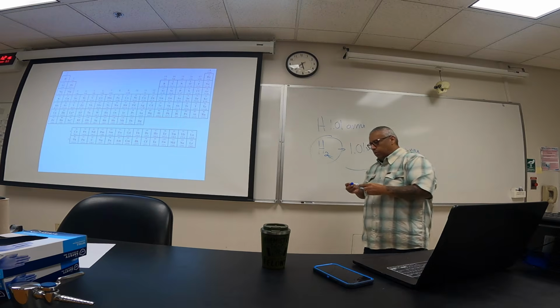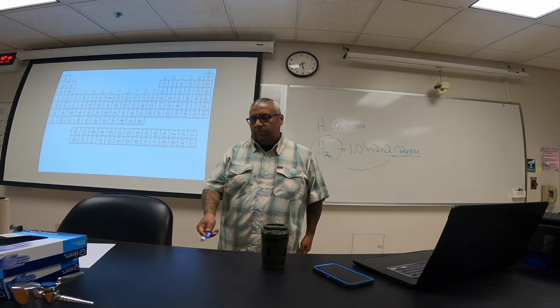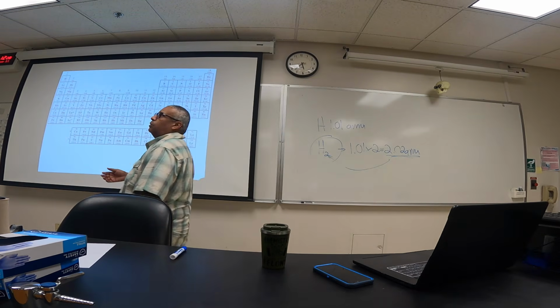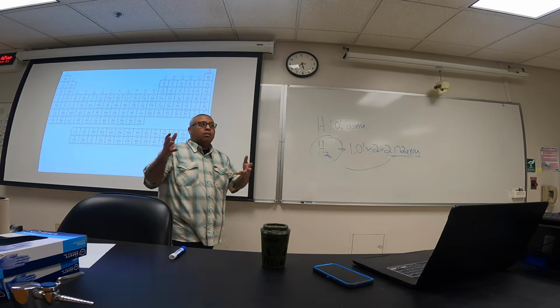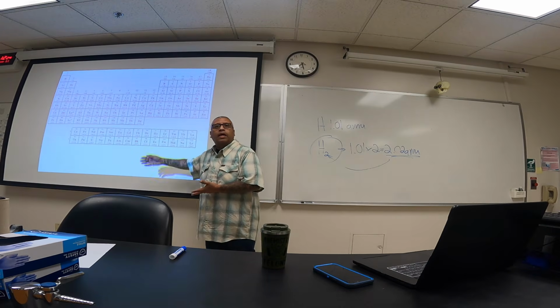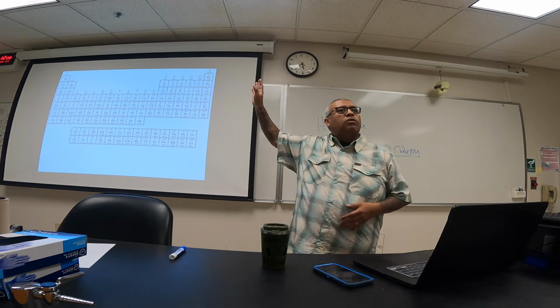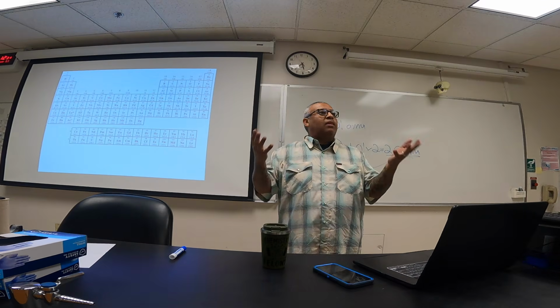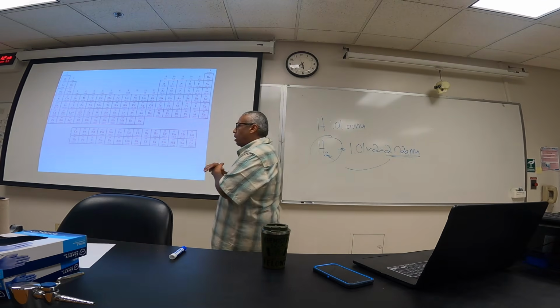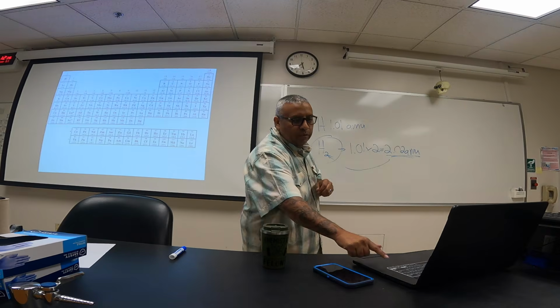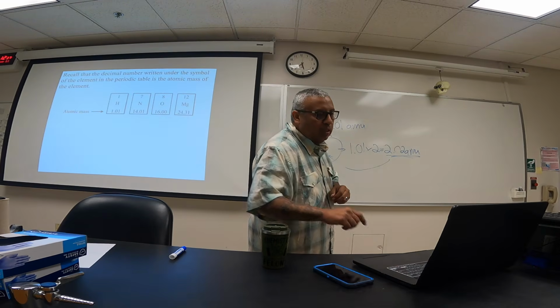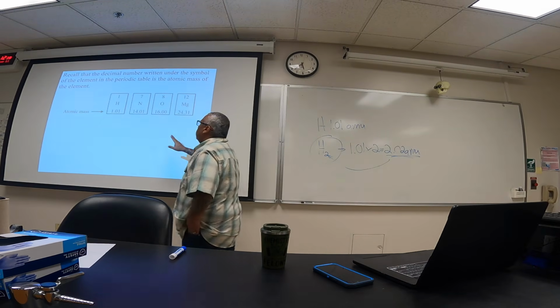So now we're going to start putting together molecules, ionic compounds, and just simply go into the periodic table, determine how many atoms of each one that you have, multiply it by the mass, and we can get the mass of these compounds and molecules now. So on the periodic table, these are our masses.